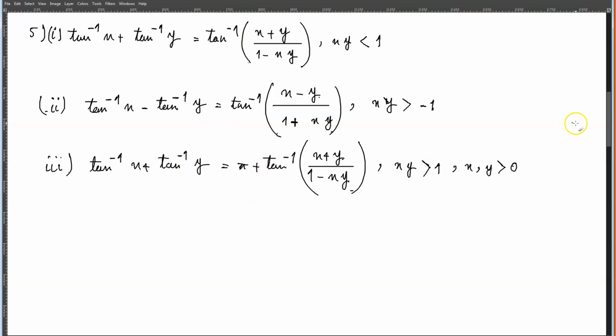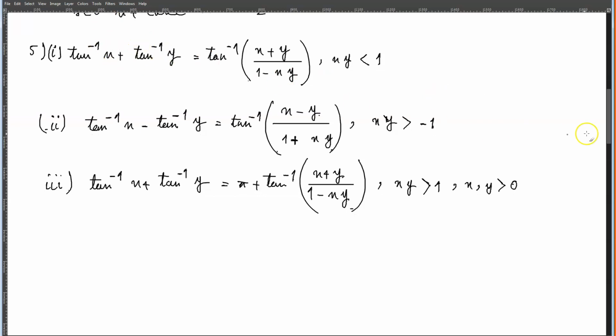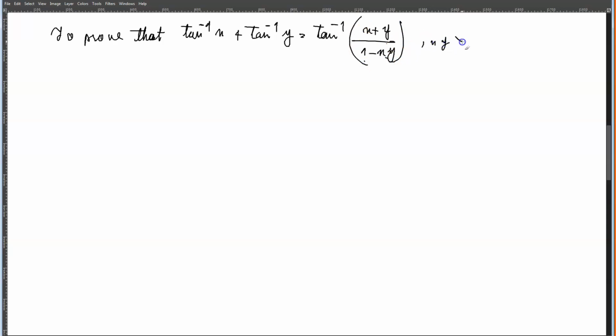Now to prove these results, for example, to prove the first one, that basically tan inverse of x plus tan inverse of y is equal to the tan inverse of (x plus y) over (1 minus xy) for x times y less than 1, what you can do is say, for example, let tan inverse of x be equal to theta, and tan inverse of y be equal to phi.